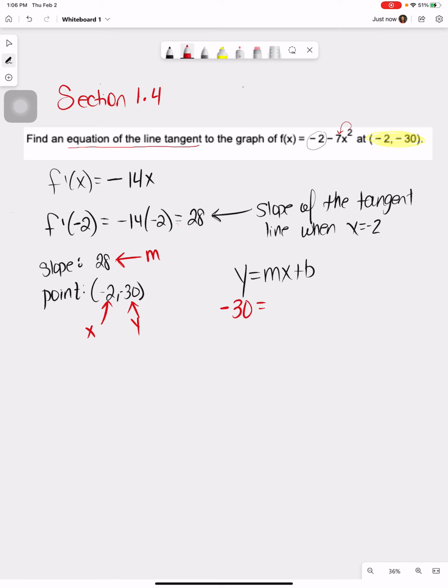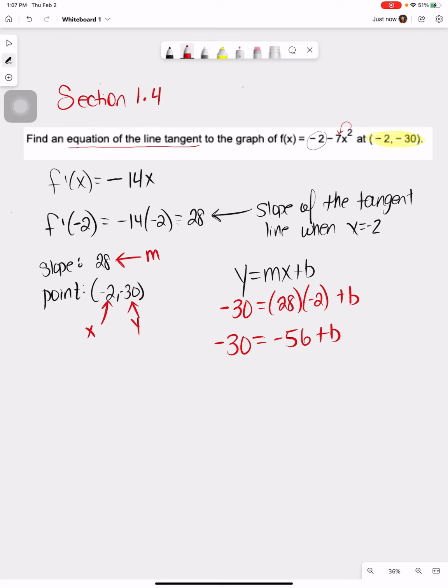So y is negative 30, my m is 28, my x is negative 2, and then I have plus b. And then we want to simplify that equation. So we have 28 times negative 2, and that gives us a negative 56. So I have negative 30 equals negative 56 plus b.